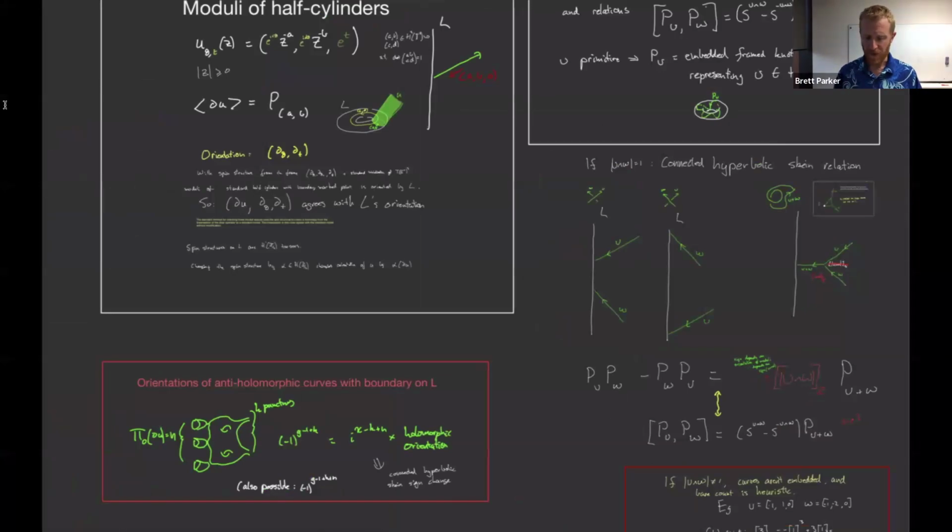So what I've given you is some examples where we can really pin down the signs, what the signs have to be in the worldsheet Skein module, because everything can be done really explicitly.